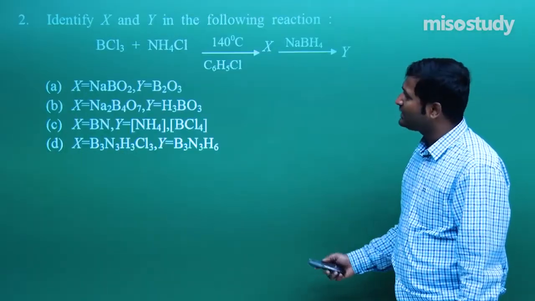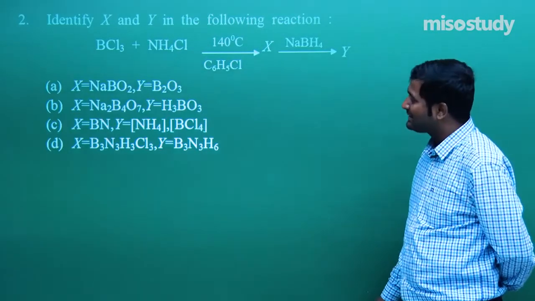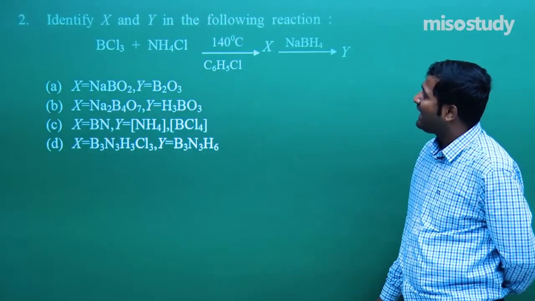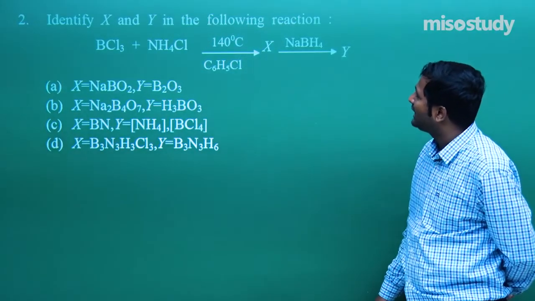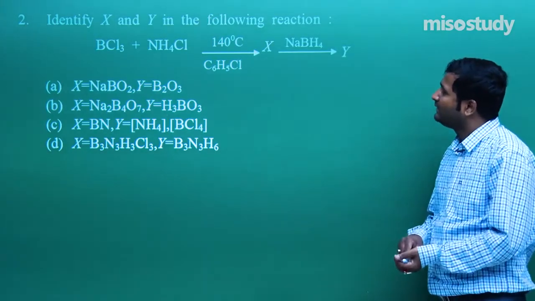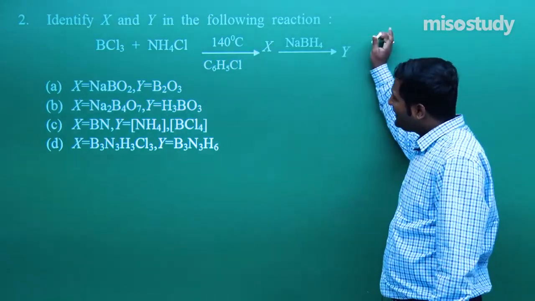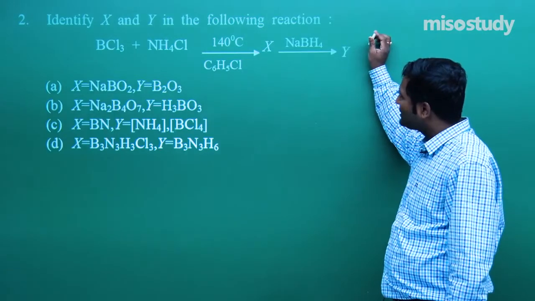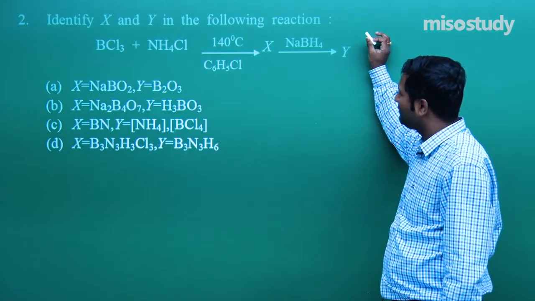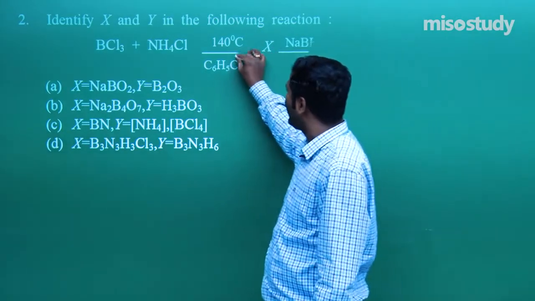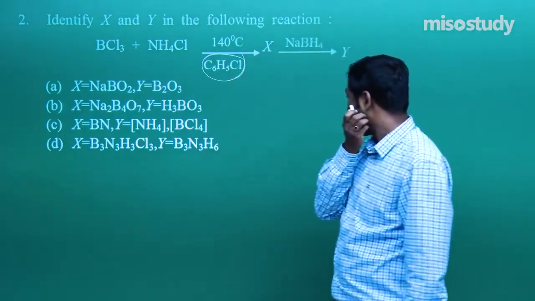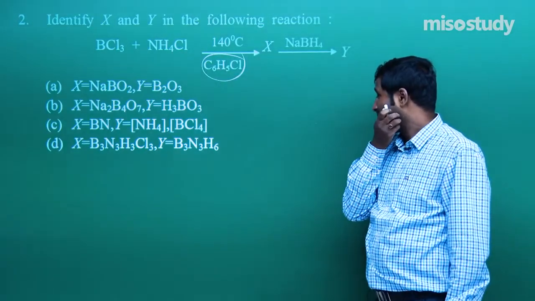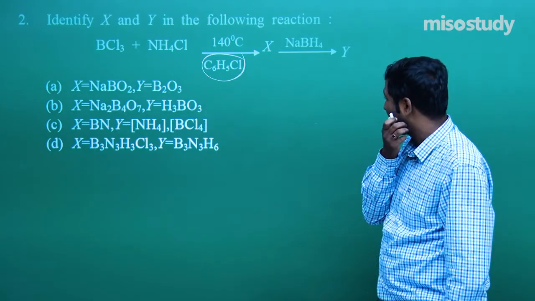What is the next question here? Check it out, friend. Identify X and Y in the following reaction. BCl3 plus NH4Cl in treatment with C6H5Cl, chlorobenzene, then what will happen? That is the catalyst.